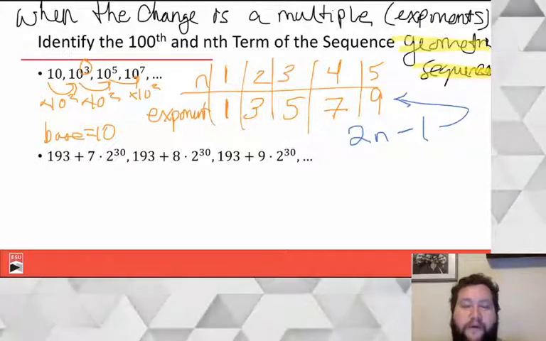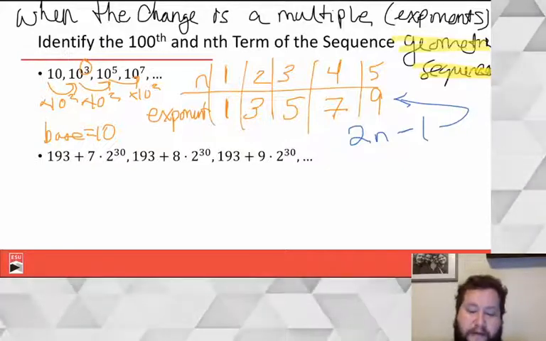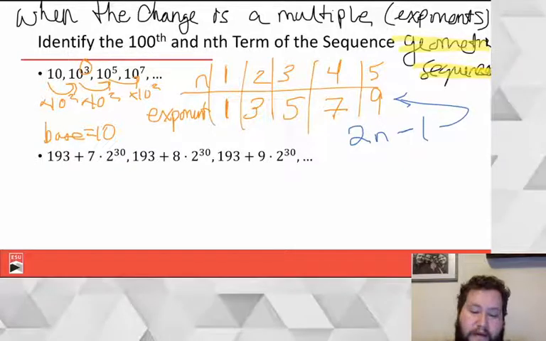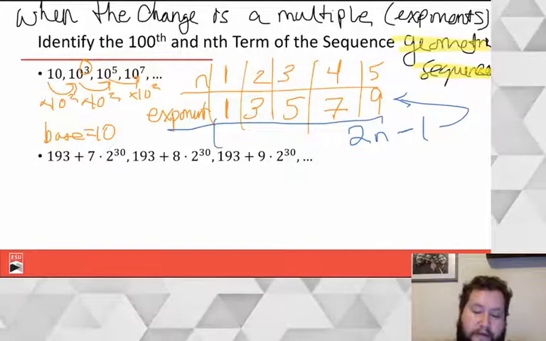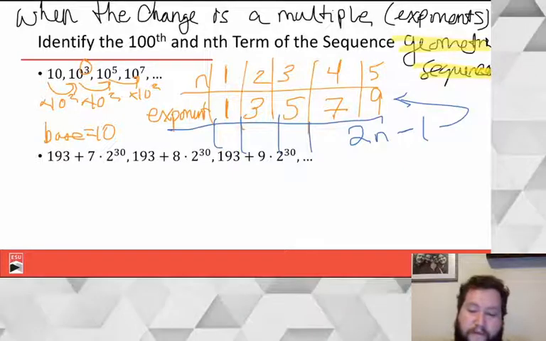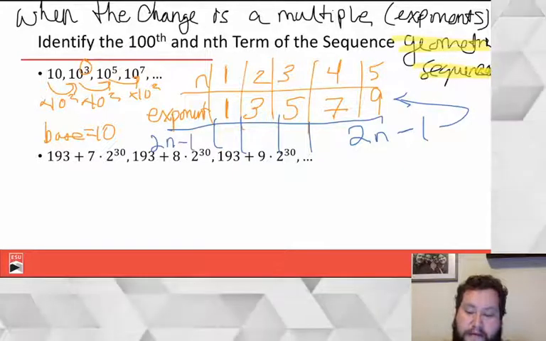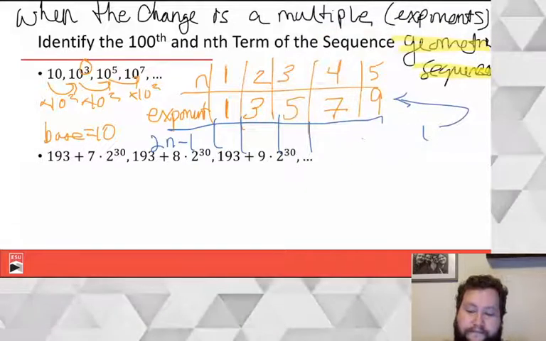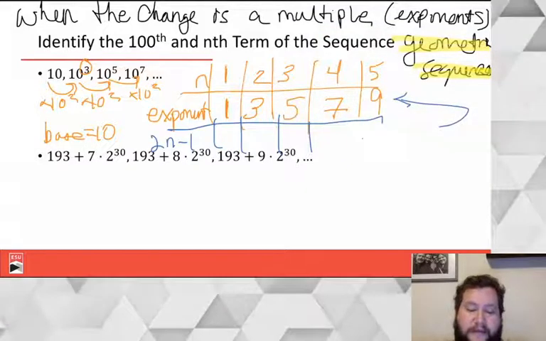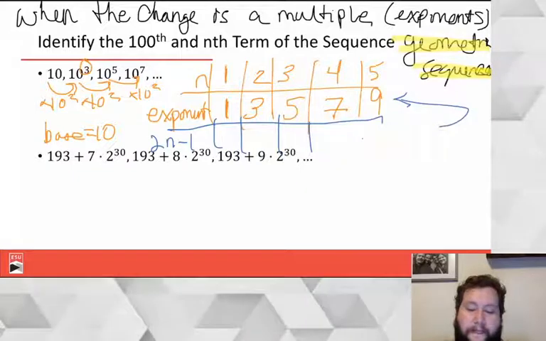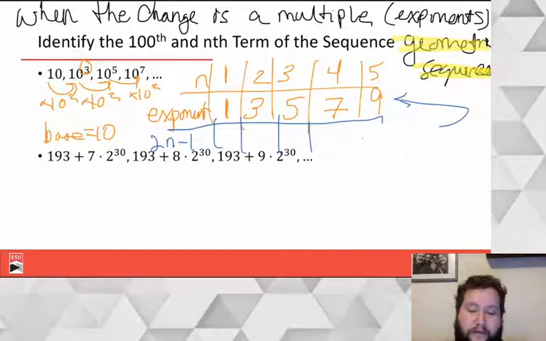When n equals 1, we get 2 minus 1. So let me go ahead and write another row, and this is our 2n minus 1. And I'm going to go ahead and erase this one here. So this is my 2n minus 1 row. When n equals 1, 2 times 1 is 2 minus 1 is 1.